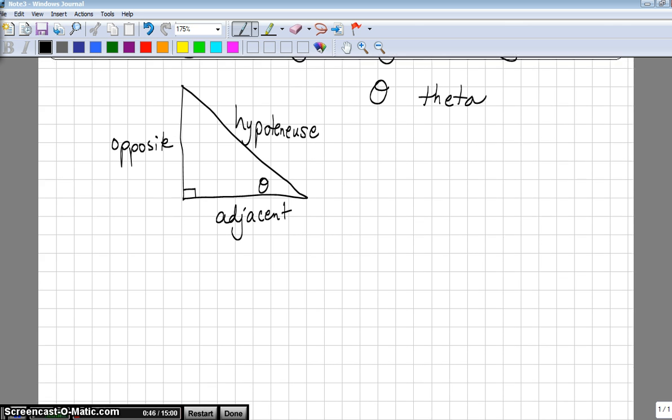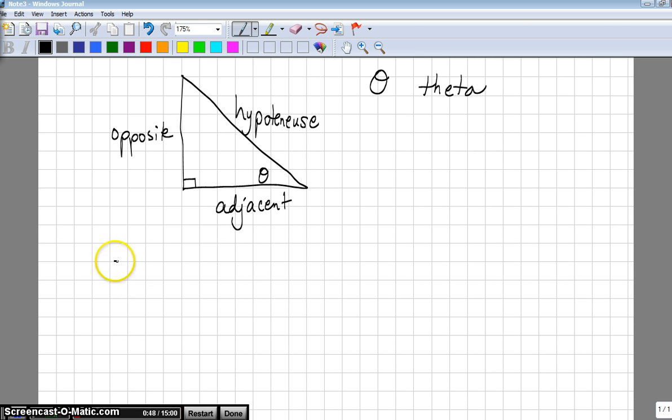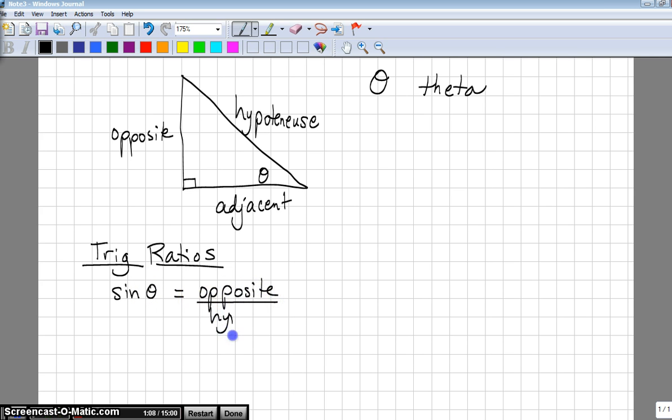There are 6 trigonometric ratios. We'll shorten that to trig ratios. We have the sine ratio, which is abbreviated SIN. So the sine of theta is the opposite side over the hypotenuse.